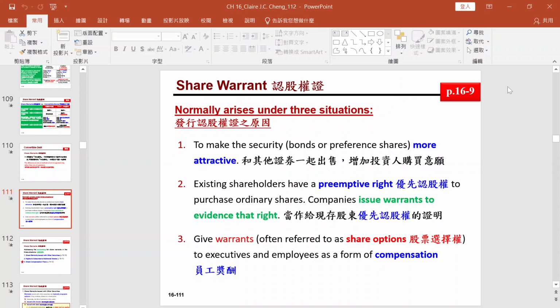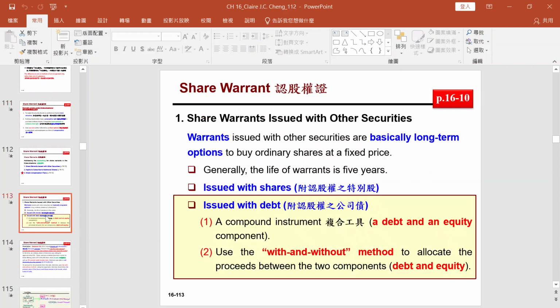So for the first one, you sold share warrants with bonds, with preference shares. Based on the first reason, how we deal with the first case, you can go to slide 113. Okay, just remind you again, 113. If we issue share warrants with preference shares, remember equity plus equity.